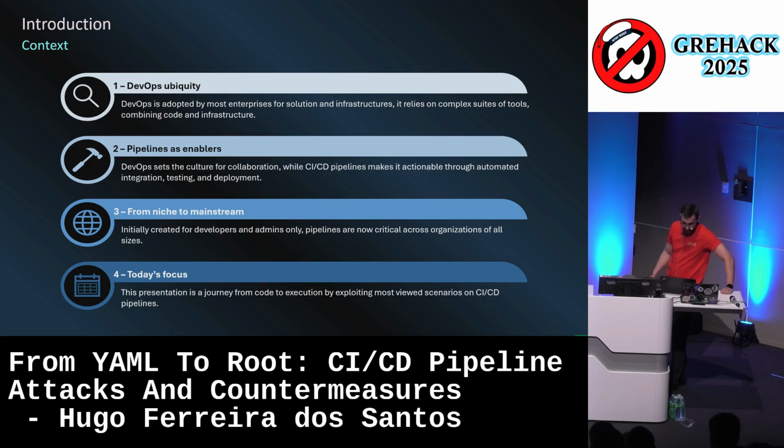That's why I decided to present this subject, where we will see the most viewed scenarios as we saw during our audits on CI/CD pipelines. We will look at the pipelines used from the code to execution, for instance, the infrastructure as code, when you have Terraform.